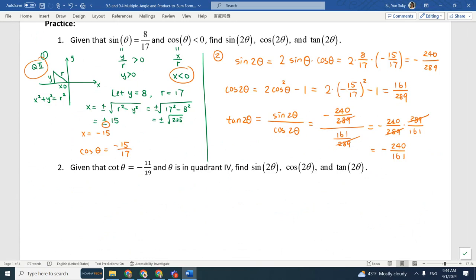What is sine theta and what is cosine theta? Then you can put. Let's see. Oh, I see.